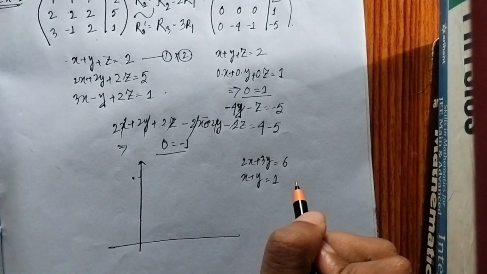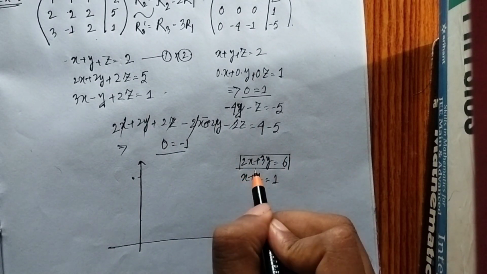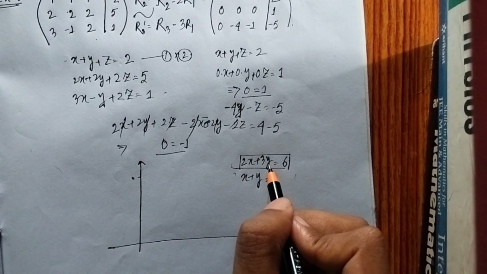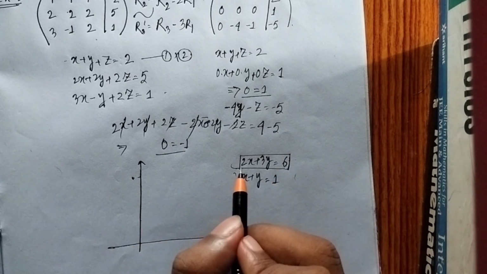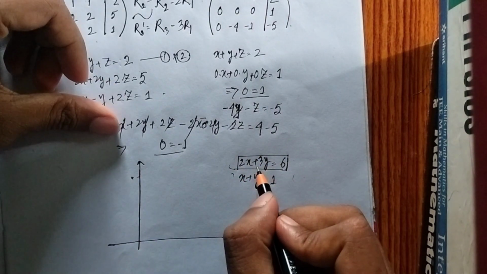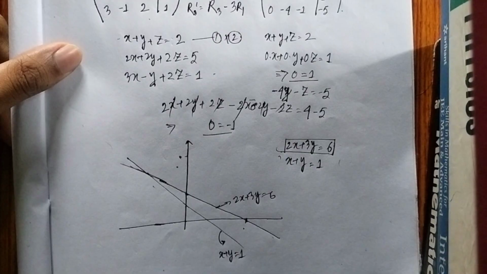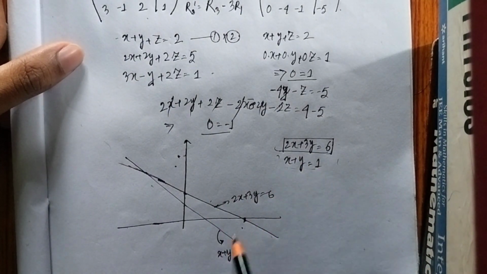Mathematicians saw that this is a system of linear equations, and interestingly, each of these is also the equation of a line. The equation of one line is this, and the equation of the other line is this.